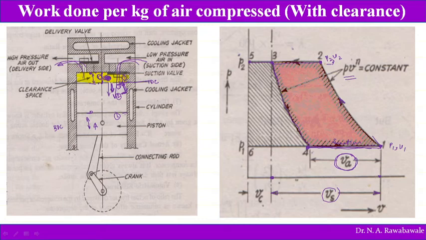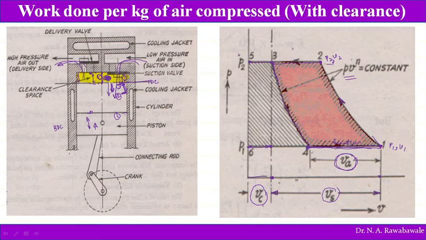Theoretically it is expected that, with this swept volume Vs, it has to start sucking the air from point 3 to 1. Practically it does not happen. Now this volume, which is not covered by the piston at its topmost position when the piston reaches TDC, is known as the clearance volume, which is represented here on the PV diagram.